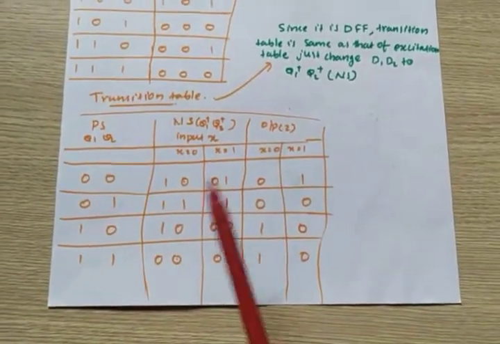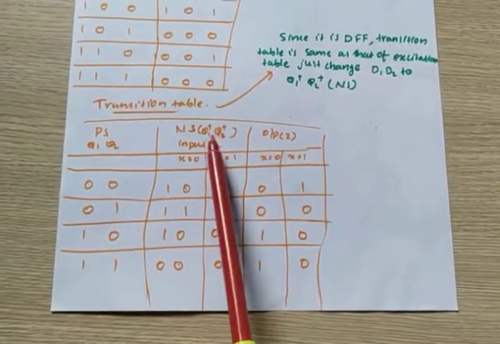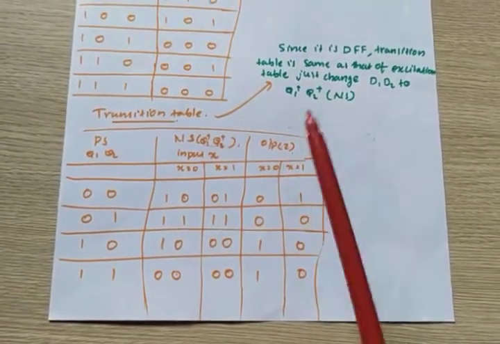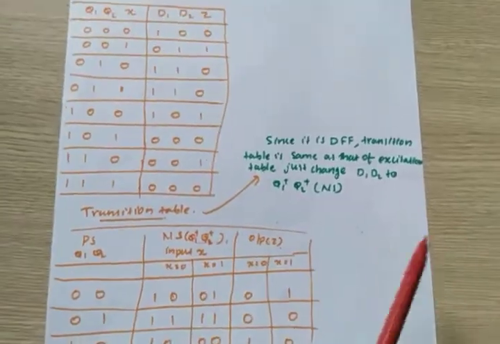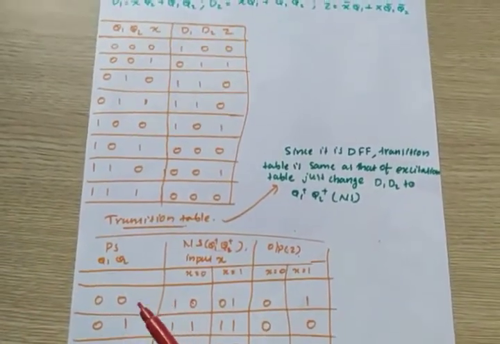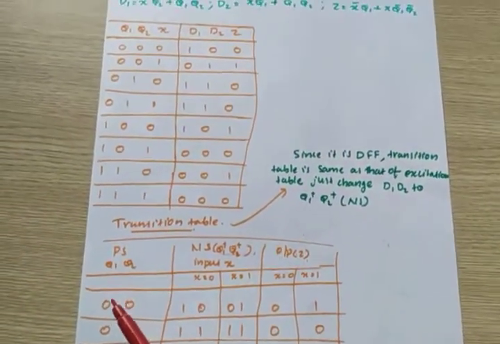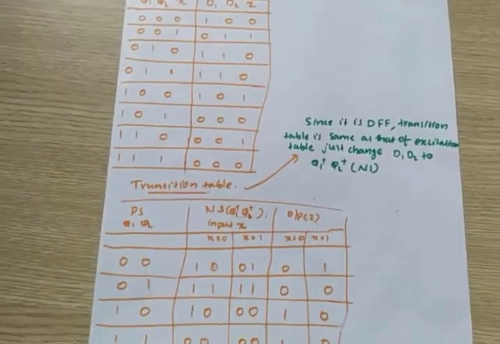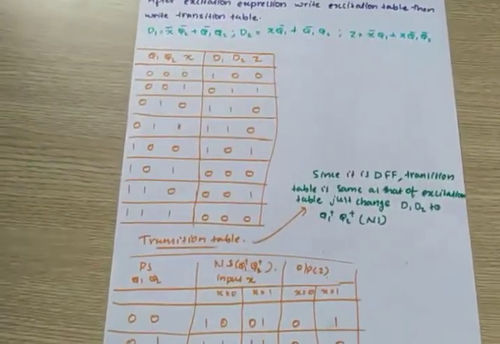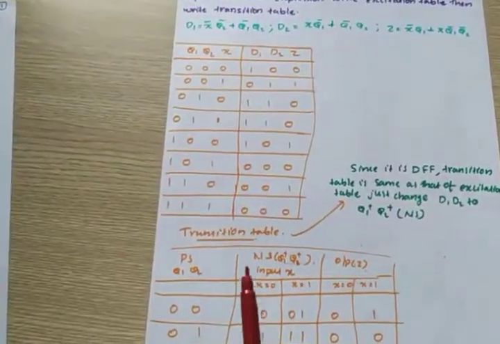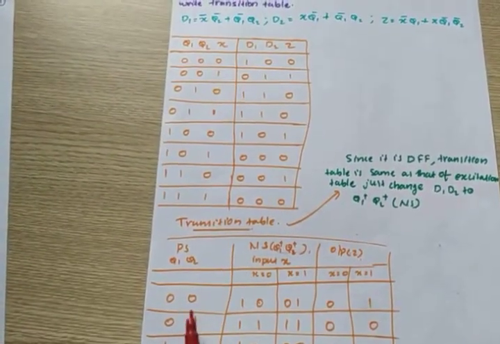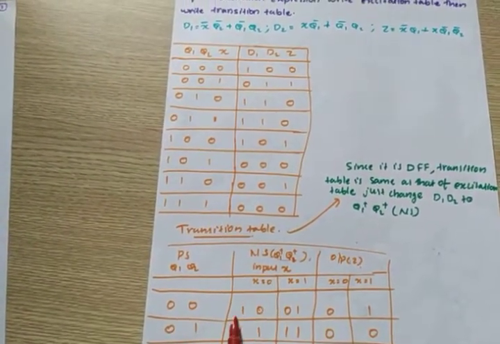So how to write the transition table? Present state Q1 Q2, next state, output Z. Look at the first one, you have 0 0. For X input 0, what is the next state?